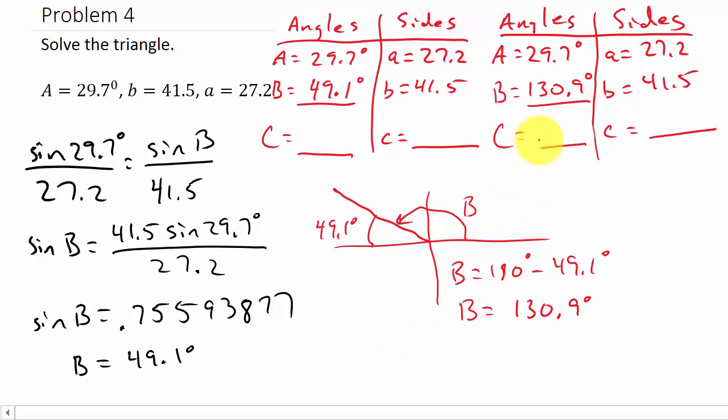If we take 130.9 degrees plus the given angle A, 29.7 degrees, that is equal to 160.6 degrees. Look at that. When we added these two angles up, it's less than 180. Since that's the case, we have two triangles.